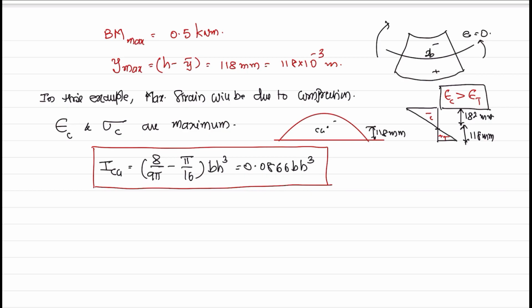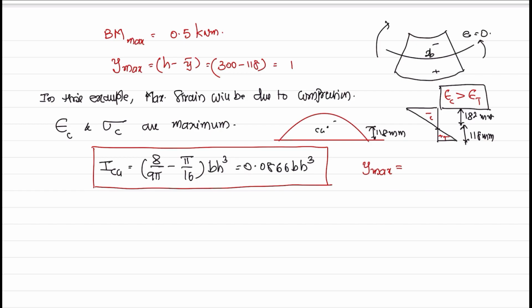Now ICG is there with you. Ymax is there with you. It is H minus, sorry, it is not 118, it will be Ymax is equal to H minus, 300 minus 118.